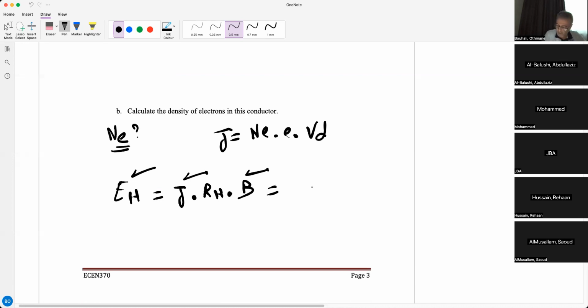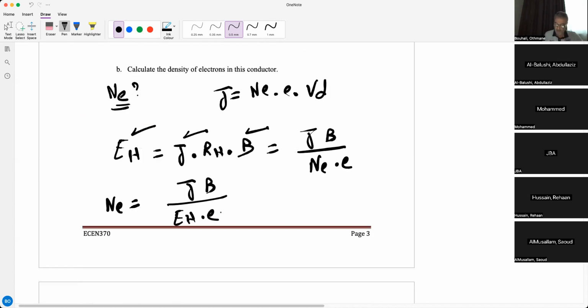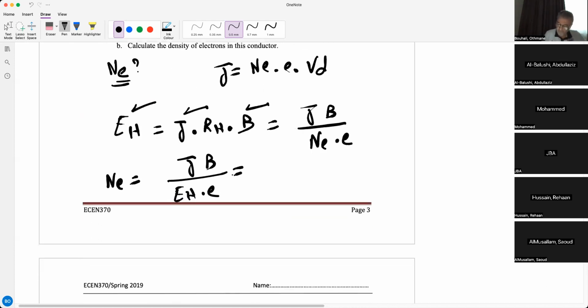So this is equal to J B divided by Ne, where e is the electric charge of the electrons. So this means that the number of electrons per volume will be equal to the current density that we already calculated, times the magnetic field that we got, divided by the Hall electric field and the charge.